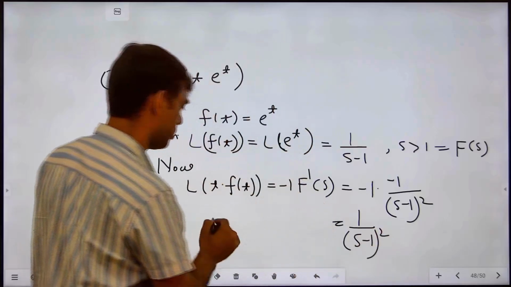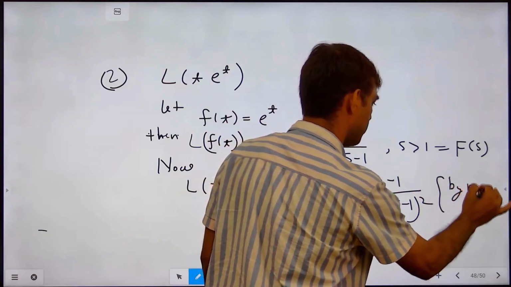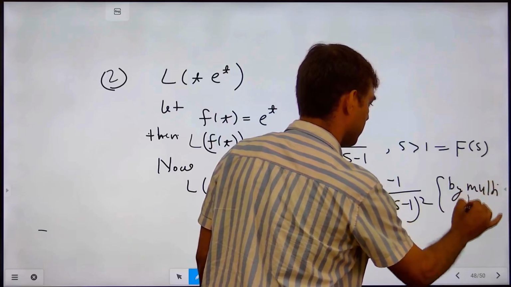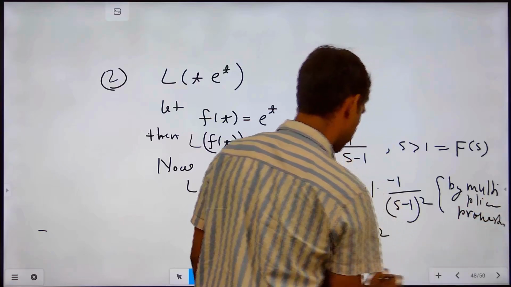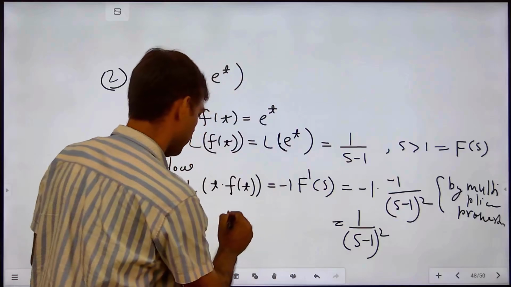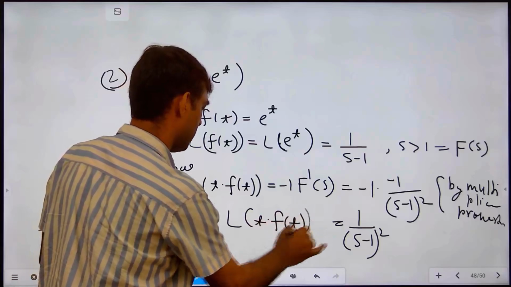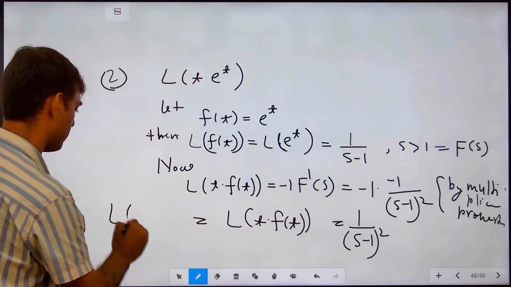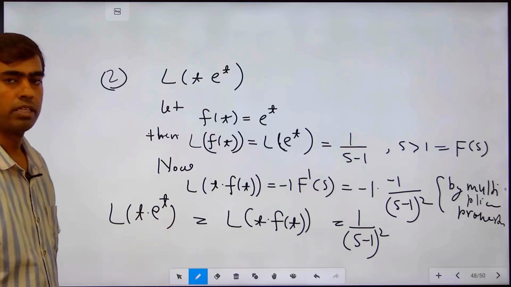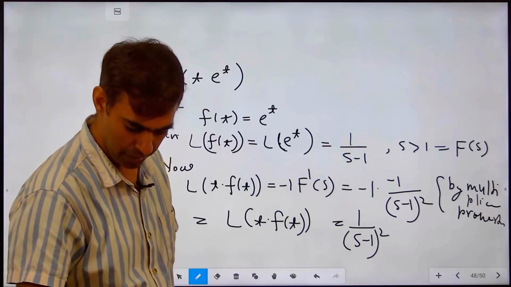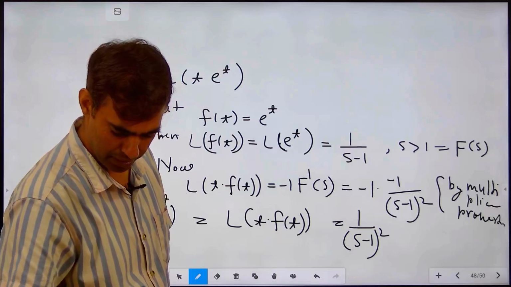So this one is the Laplace transform. Here we write, by the multiplicative property, the Laplace transform of t into f(t), or we may write the Laplace transform of t into e to the power t, because f(t) is e to the power t.